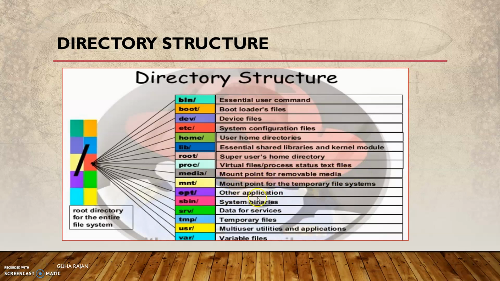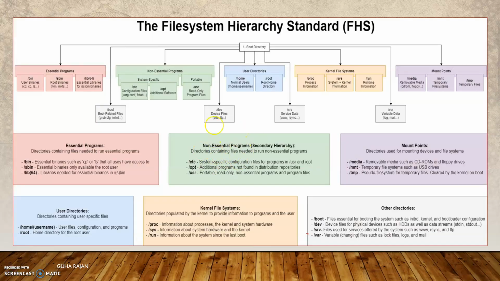Then you have opt for other applications, sbin, var for data for services, tmp for temporary files, usr for multi-user utilities and applications. This diagram will provide a much clearer explanation about the various directories and what they do. Let me zoom in a little bit.